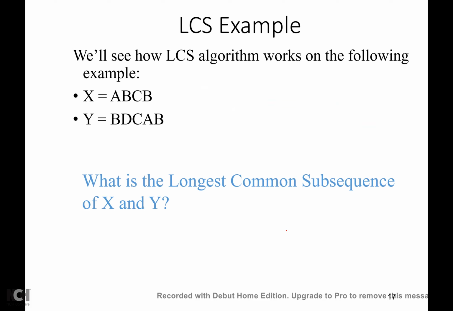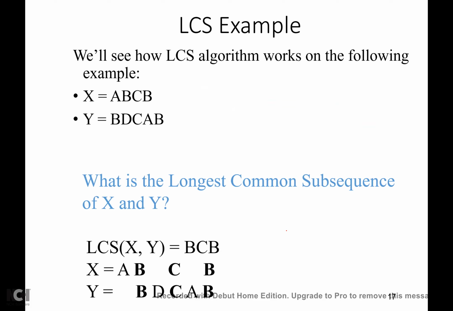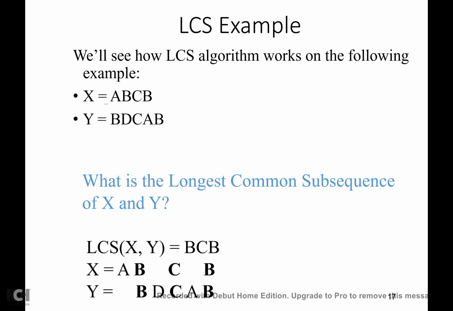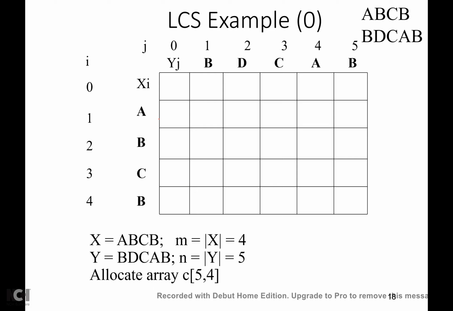And now let's take a look at this example. We have A, B, C, D, and we have A, B, C, D. We have to align this x with this y, and here we see this could be the result. Let's take a look to see how to fill the table.